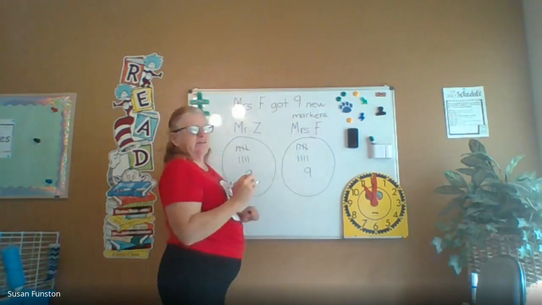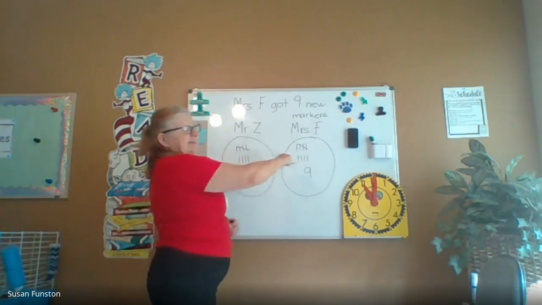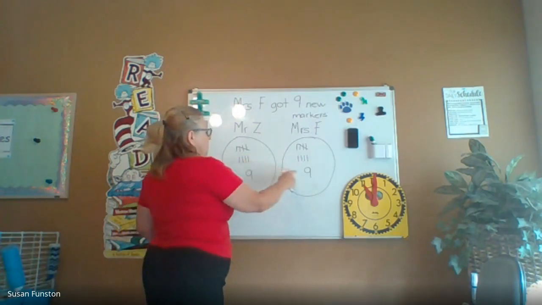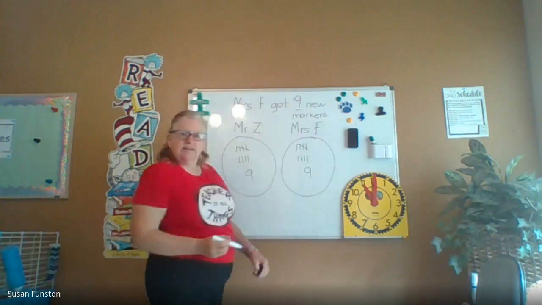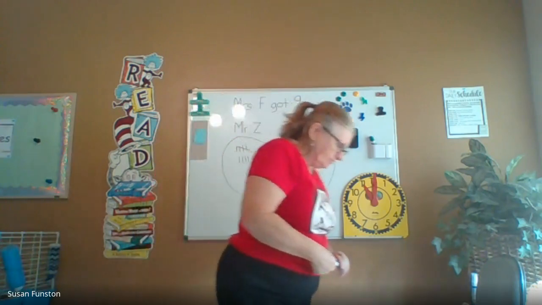Okay, see how we did that? We just divided them into 2 groups. I kept going until I got to 18, because that's how many I had all together. And then I counted to see how many I had in each group, and I had 9 in each group. Okay, see, this division stuff is easy peasy.